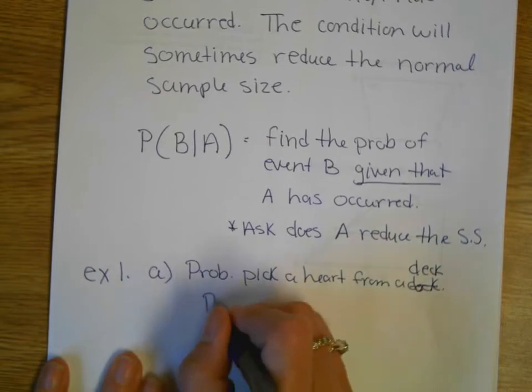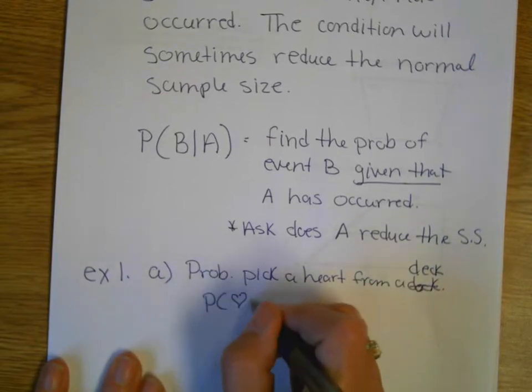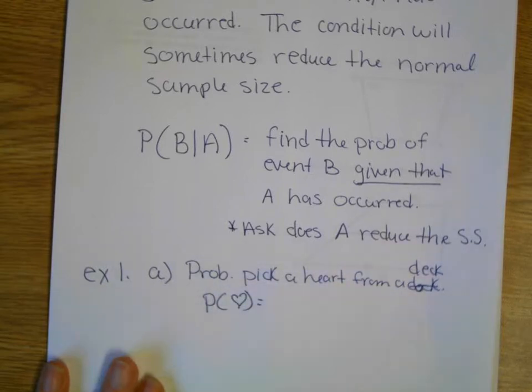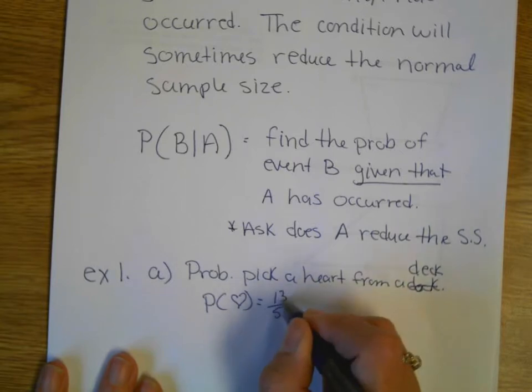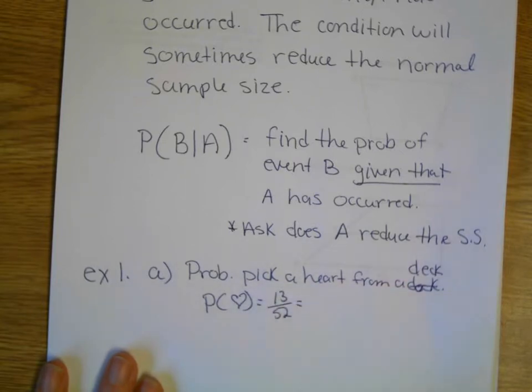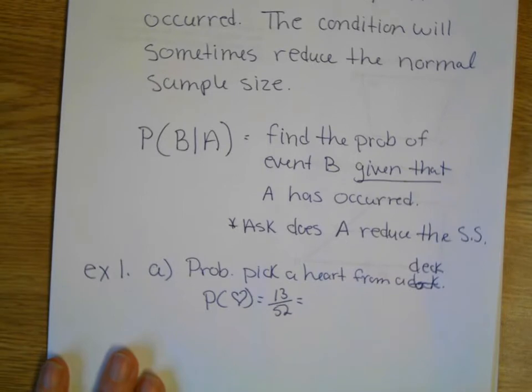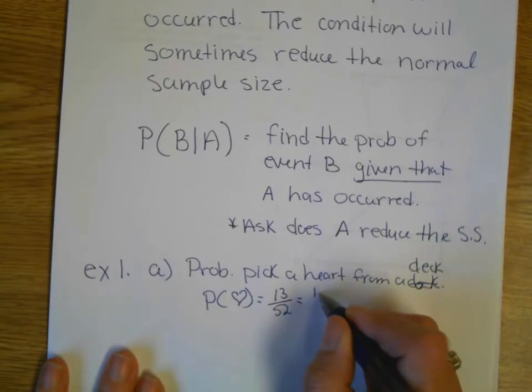That notation would look just like that. Has my sample space been reduced here? Absolutely not. What's my sample space for a deck of cards? 52. How many hearts are in that deck? 13. Or you could have told me right off the bat that the fraction of the deck that is hearts is 1/4.